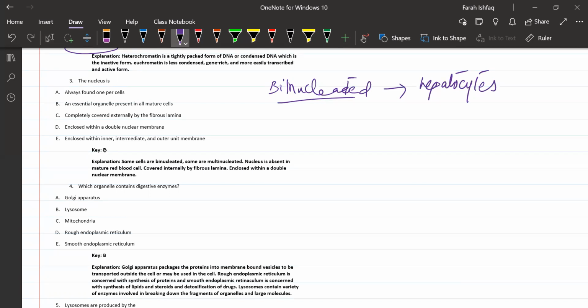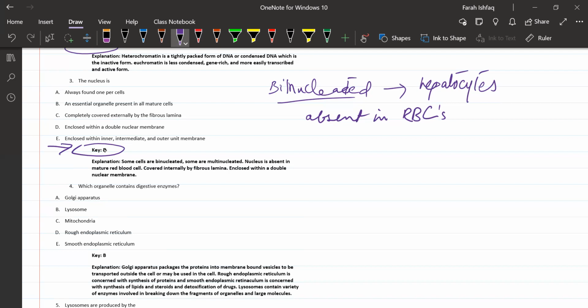No, it is absent in the RBCs. Enclosed within a double membrane? Yes, of course, the nuclear membrane which encircles the nuclear material is a double membrane. So the answer is D. The last option, enclosed within inner, intermediate, and outer unit membrane. No, the membrane is double rather than triple. So the answer is D.